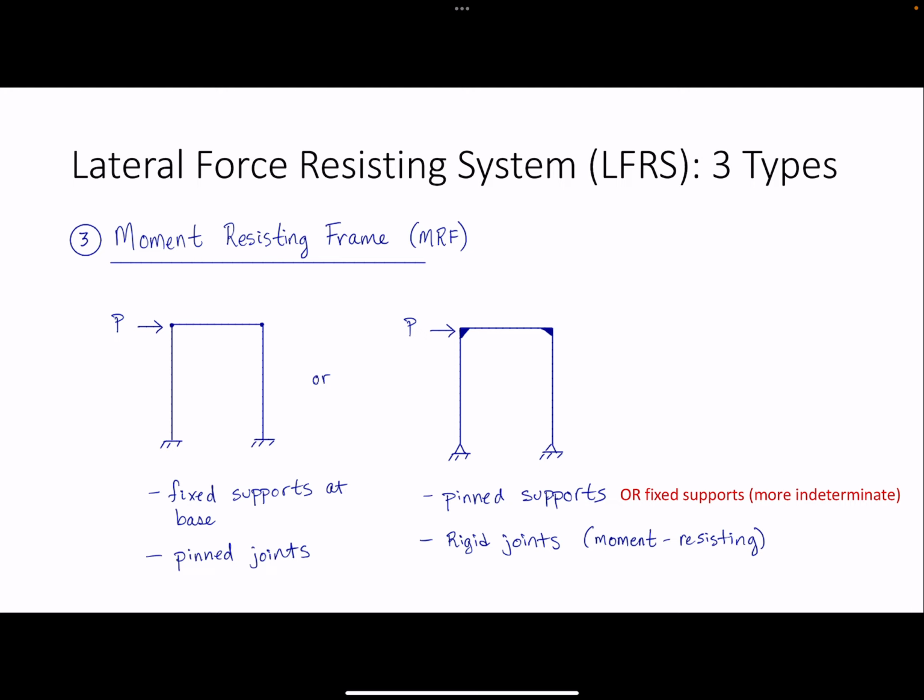Or you could have pinned supports at the base with rigid joints, or moment resisting joints, right? They can transfer moment. A third option, I didn't sketch it, but you could also have fixed supports at the base with rigid joints, and that's very indeterminate. We'll look at that condition later on in the semester, but first I'm just going to compare these 2 scenarios.